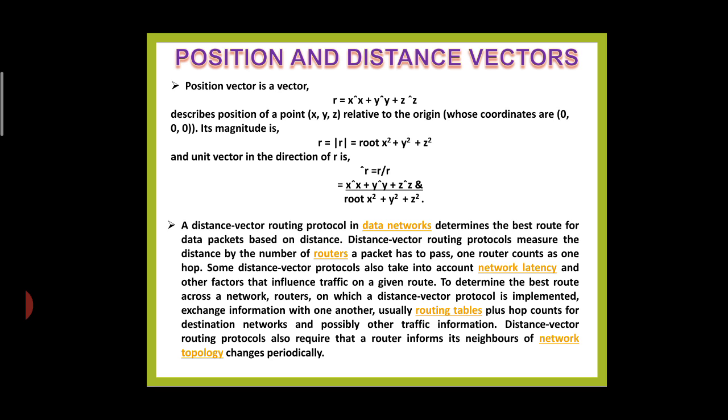To determine the best route across a network, routers on which the distance vector protocol is implemented exchange information with one another, usually routing tables plus hop counts for destination networks and possibly other traffic information. Distance vector routing protocols also require that a router inform its neighbors of network topology changes periodically.